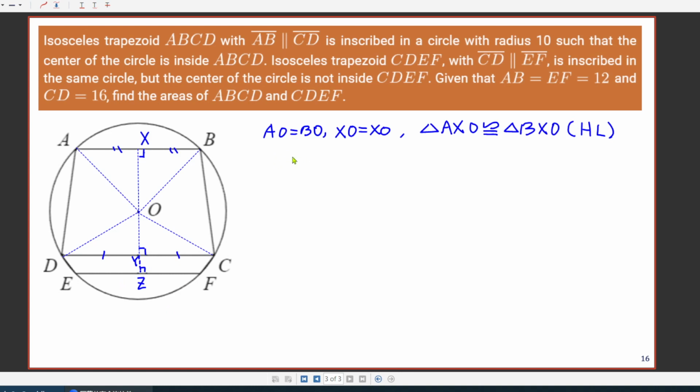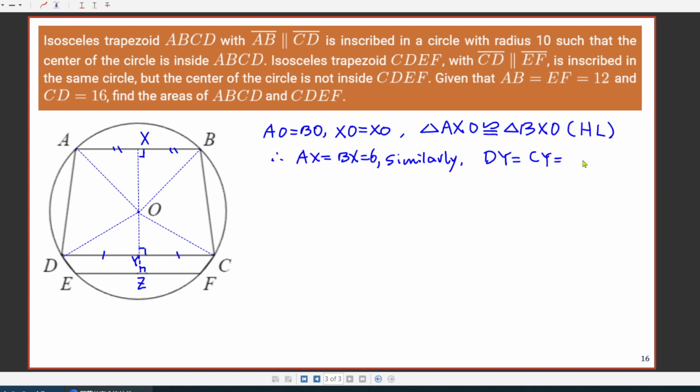And therefore, let's say AX equals BX, and similarly it could also be proved that DY equals CY. And therefore AX equals BX equals 6, because we know AB equals 12, right?